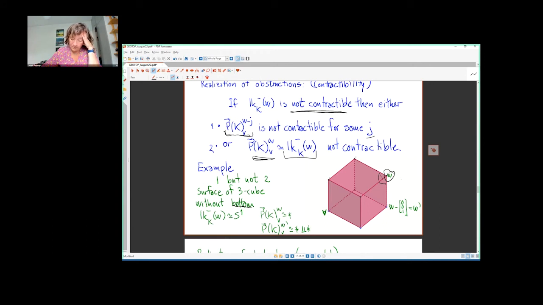So non-contractible. But if you look at the path spaces, the paths from here to there, they are all equivalent to just one path, because you can move them all around like this. So that path space is actually contractible. It's just a point.